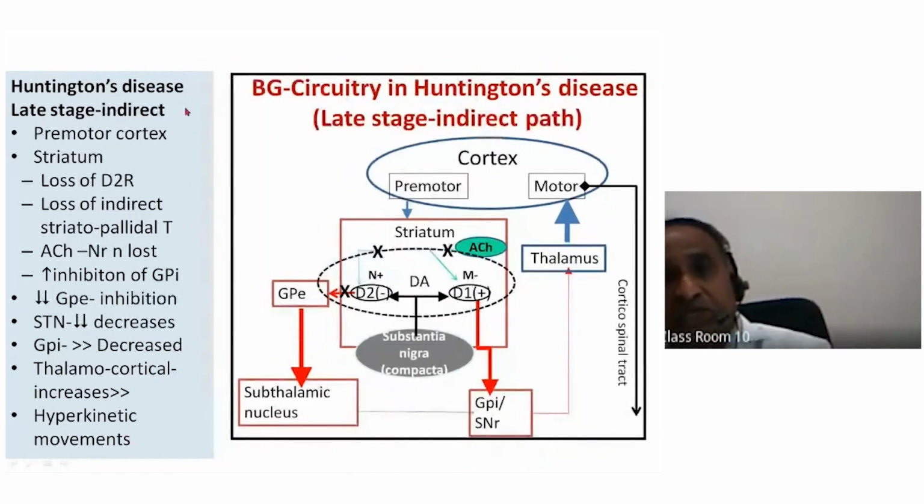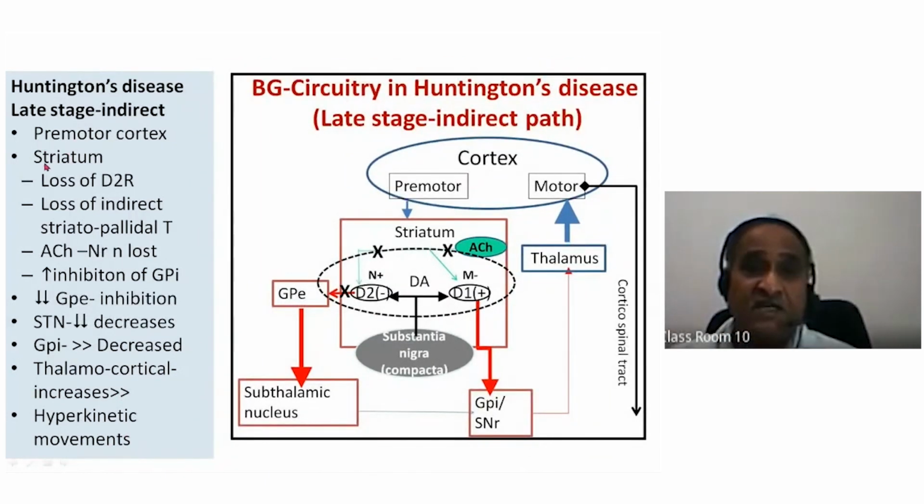Then what happens to the indirect circuit? Here, in the striatum, there is a loss of the D2 receptors or a loss of these neurons. Plus, there is a loss of the cholinergic neurons controlling the muscarinic receptors on the D1 receptors and nicotinic receptors on the D2.